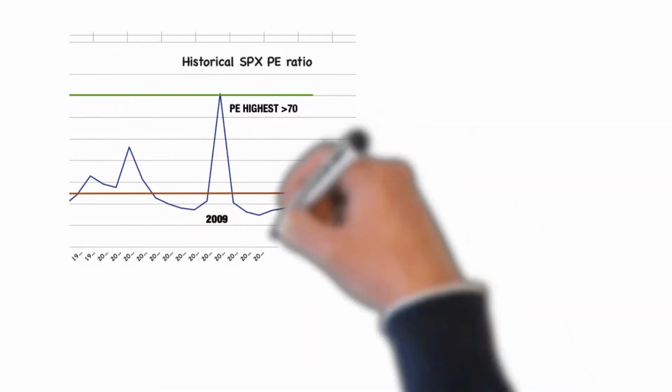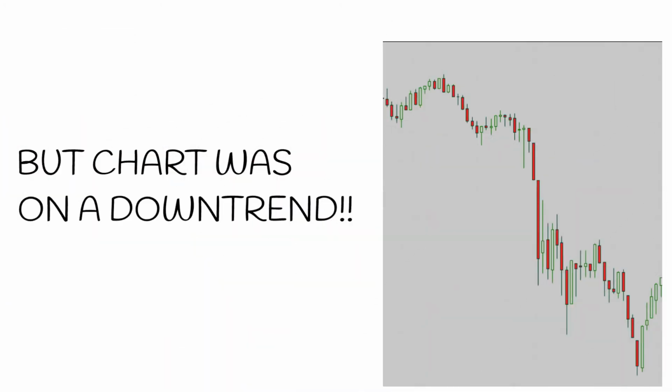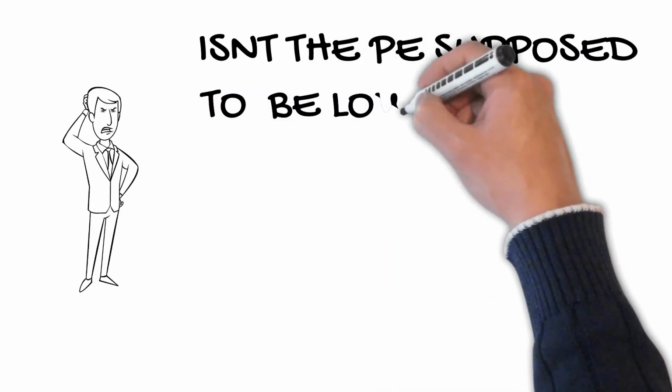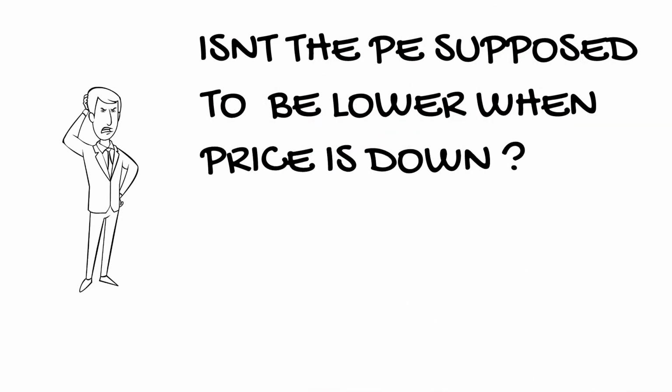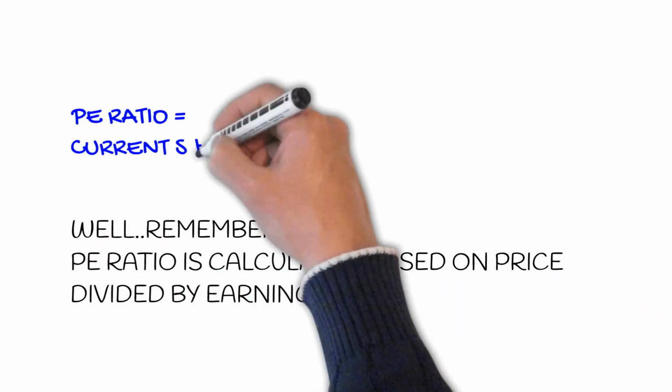However, let's take a look at 2009. The PE at that time was 70, but on the chart it was on a downtrend. Why? Isn't the PE supposed to be lower if the share price has gone down? Well, remember, the PE ratio is calculated based on price against earnings.